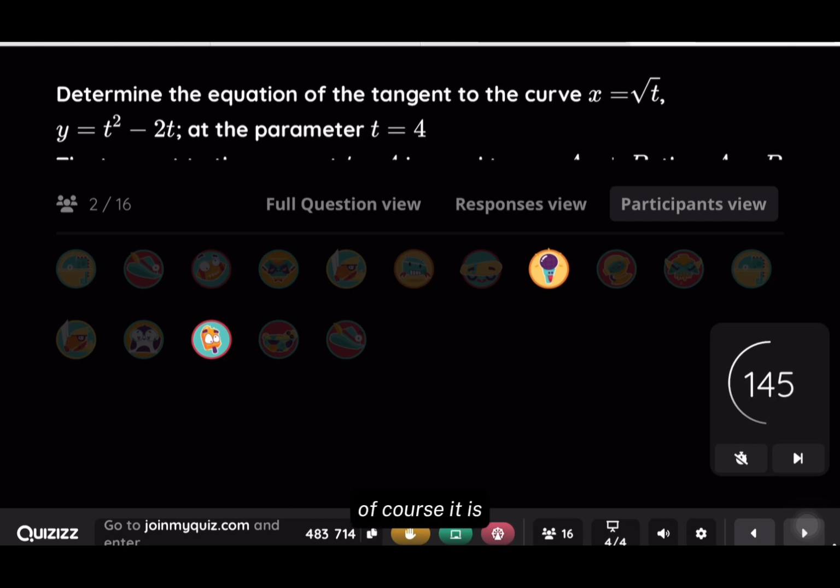Of course, in the exam, at least the time should be for this type of question. I will give you at least 10 to 15 minutes. Okay, around 2 minutes.